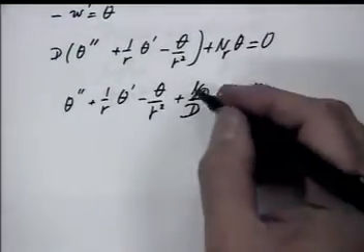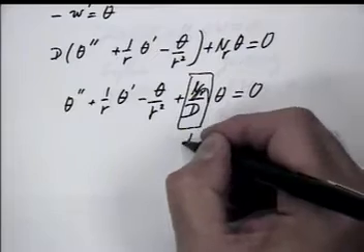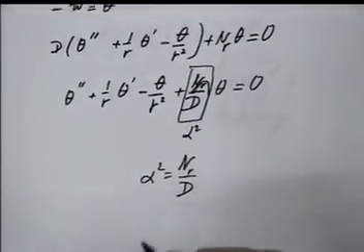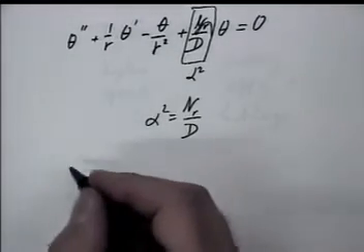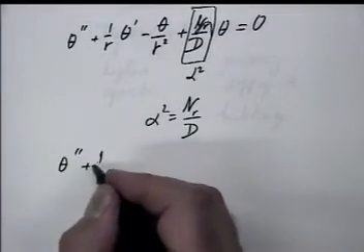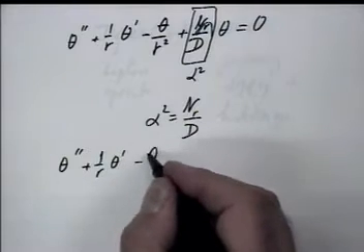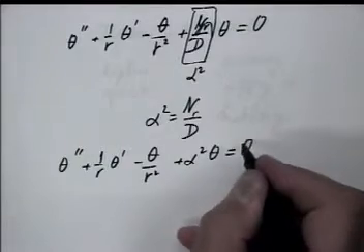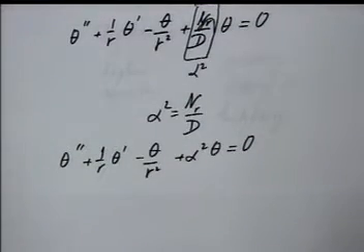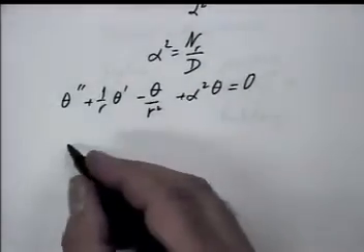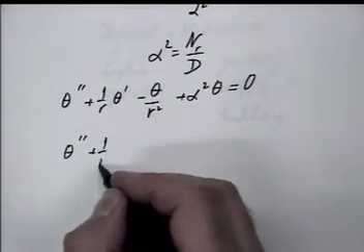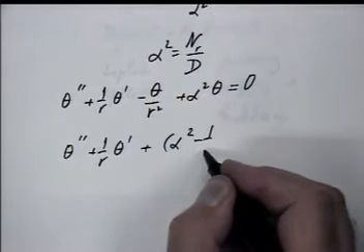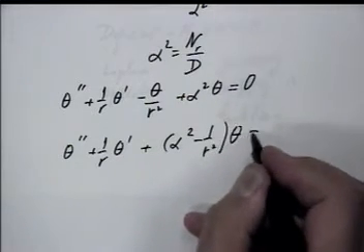So we can call it alpha squared. And we get, therefore, theta double prime plus 1 over r theta prime plus alpha squared minus 1 over r squared theta equals 0.